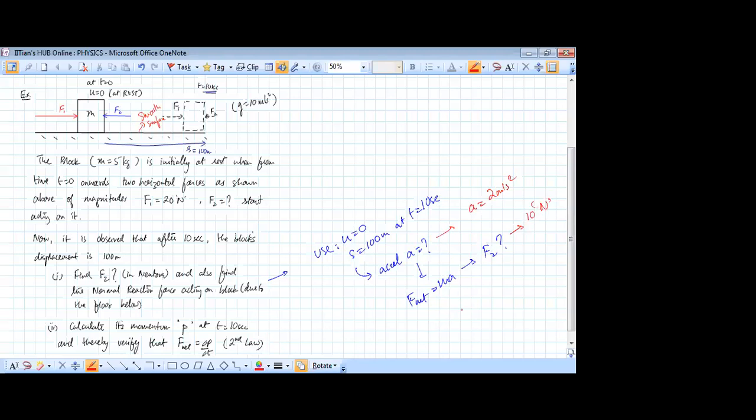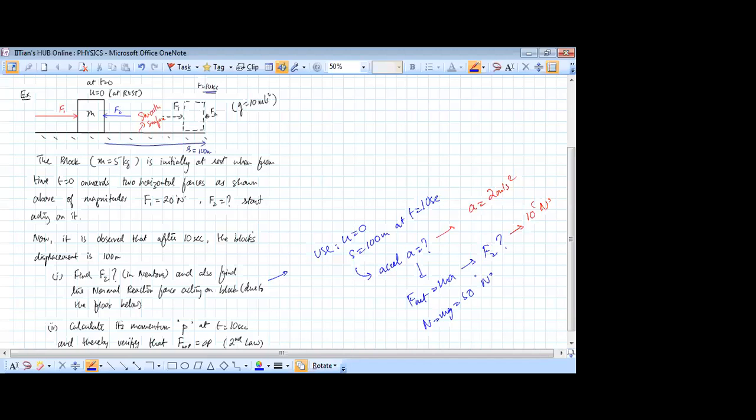Then, of course, you will get the normal reaction separately as equal to the weight, which will be equal to 50 newtons. And then for the second part, at t equal to 0 the initial momentum was 0. At t equal to 10 seconds, the final momentum will become mass into velocity, which you again calculate from acceleration.